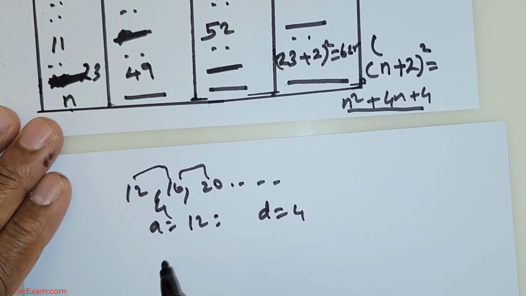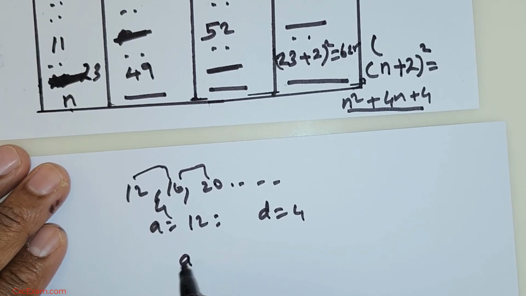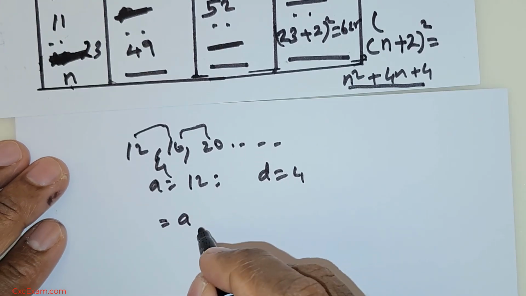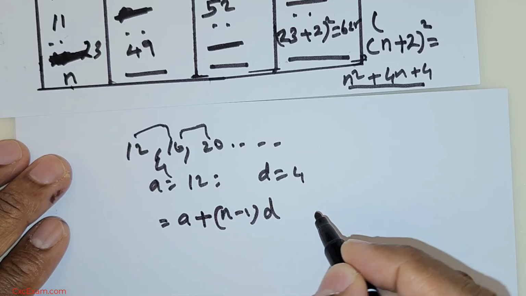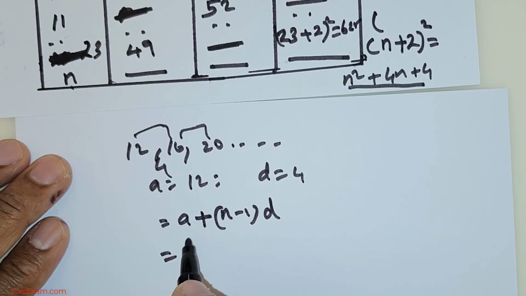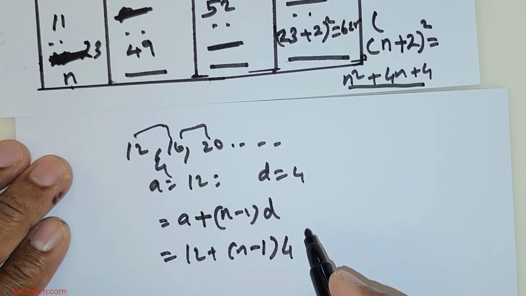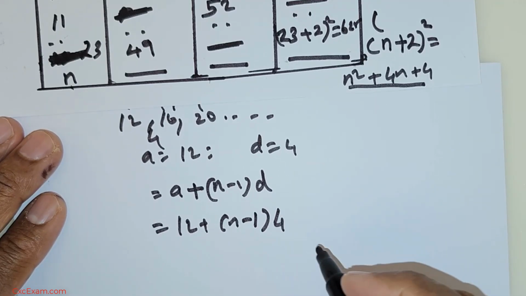Now you want to find out the formula. You have this that would help you: that is going to be a plus n minus 1 times d. So a is 12. You just keep n as general and you place the common difference d there, which is 4.